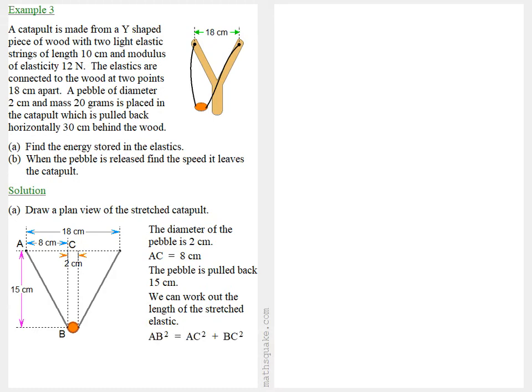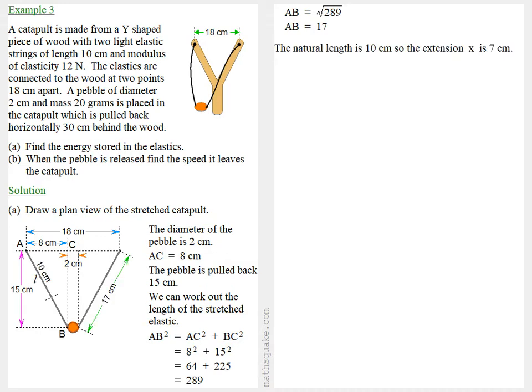In the diagram, AB squared equals AC squared plus BC squared. So AB squared is equal to 8 squared plus 15 squared, which is 64 plus 225, or 289, which means AB is the square root of 289, which is 17. Now the natural length is 10 centimeters, so that means the extension is 7 centimeters.